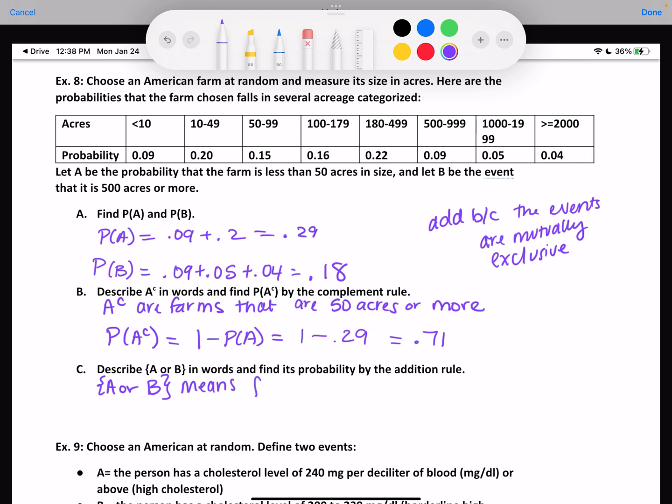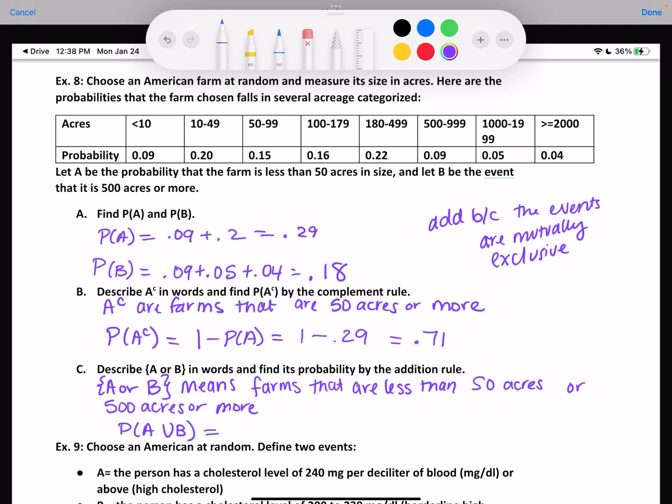So this means farms that are less than 50 acres or 500 acres or more. So the probability of A or B by the addition rule, or I'm going to put union, because... what's the other one?